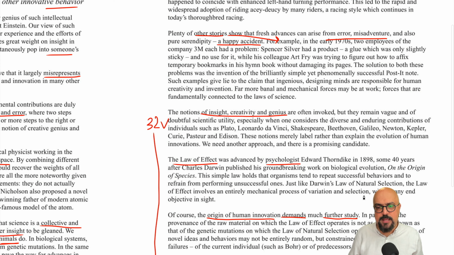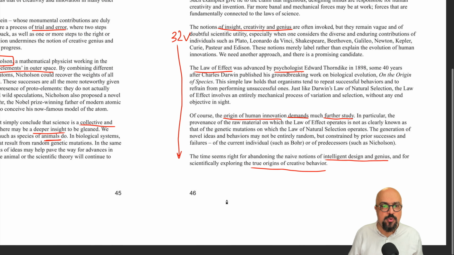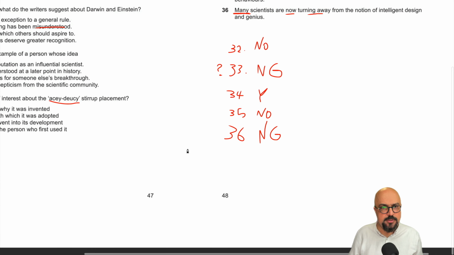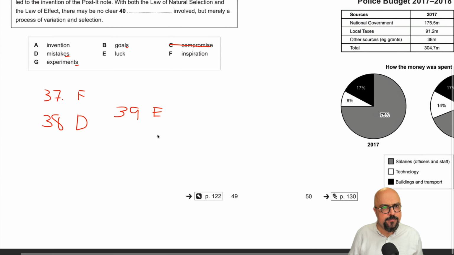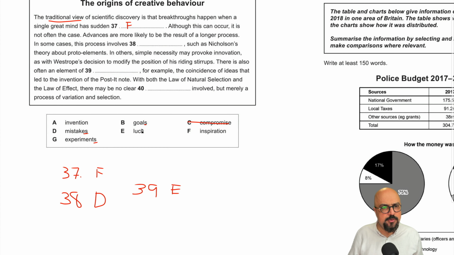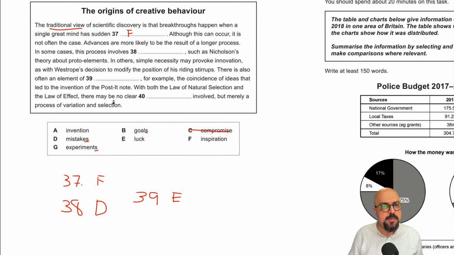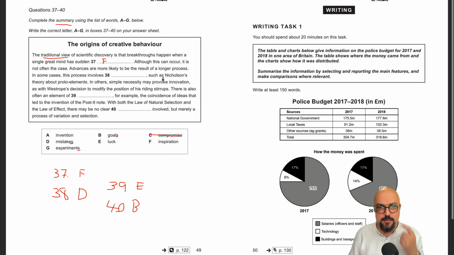What was it? Okay. Without any end objective in sight. So there is no clear goal or something. Let's just see. Is it goals? There may be no clear goals. So grammatically, it fits. And yeah, so the answer is B.